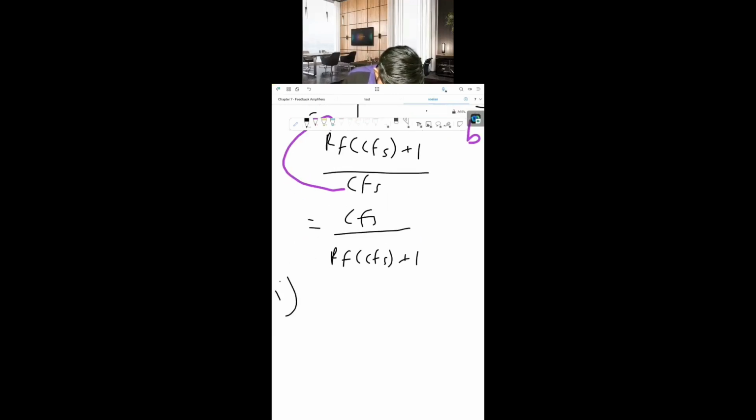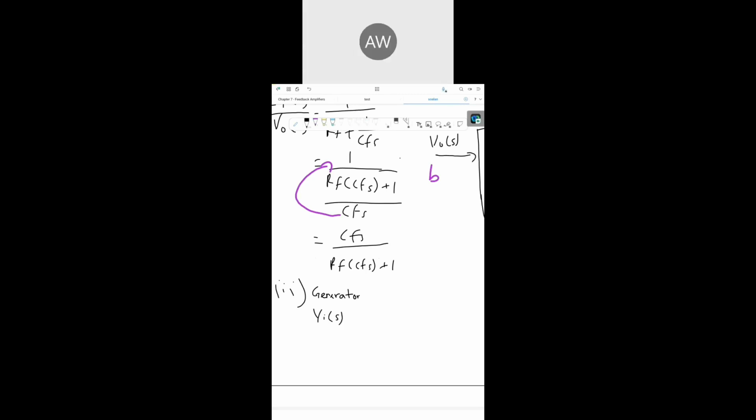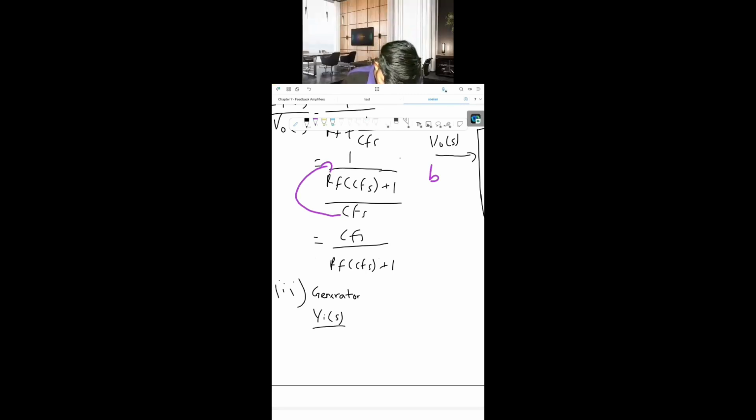For the generator, the transfer function for generator is VG over IFS equal to Kg. That's all.